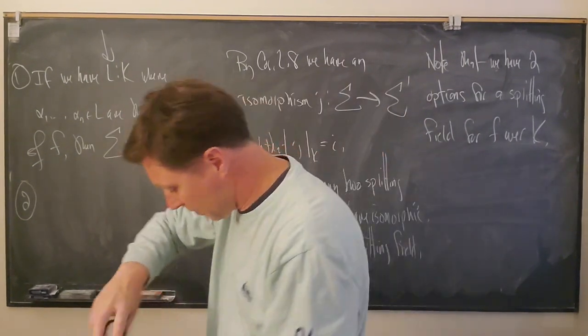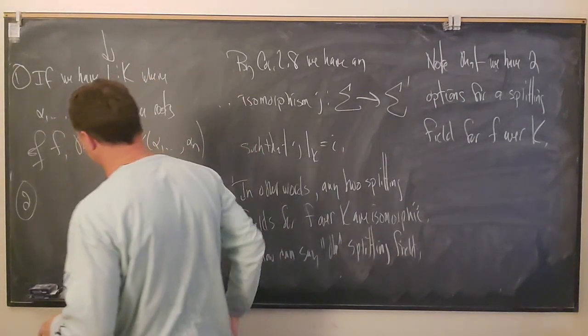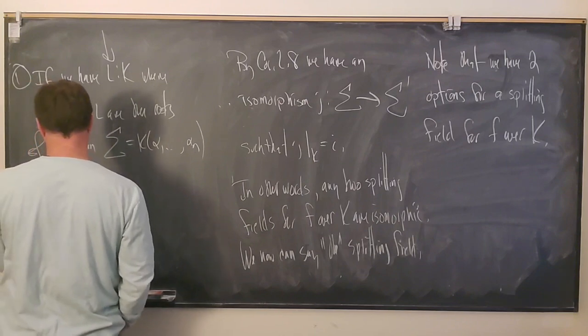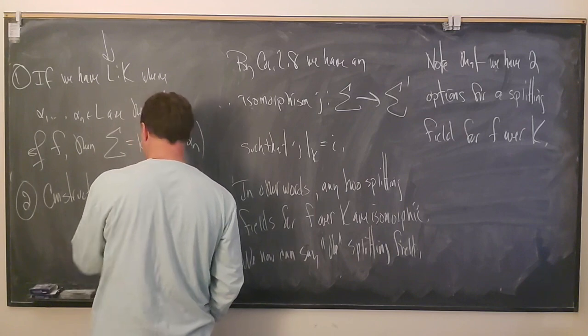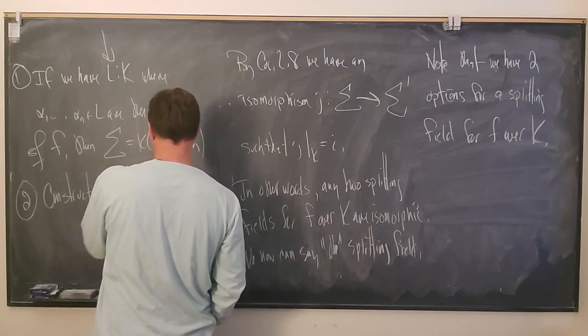In that case, you make use of Kronecker's theorem. So the other option is to construct sigma prime via Kronecker.